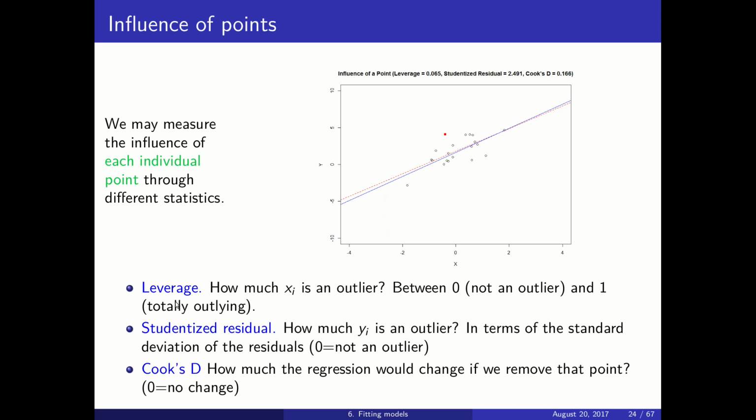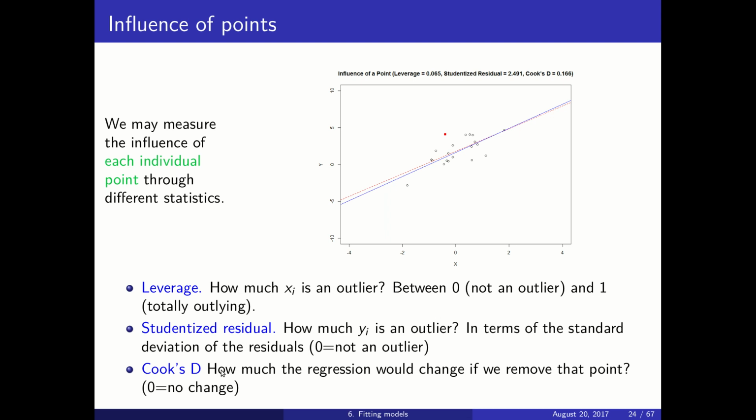One is called leverage, that is how much x, the predictor, is an outlier, and it is a number between 0 and 1, 0 meaning that it is not an outlier. Then you can also analyze the studentized residual, that is how much y is an outlier in terms of the standard deviation of the residuals, and again 0 means that it is not an outlier. This number is not between 0 and 1.